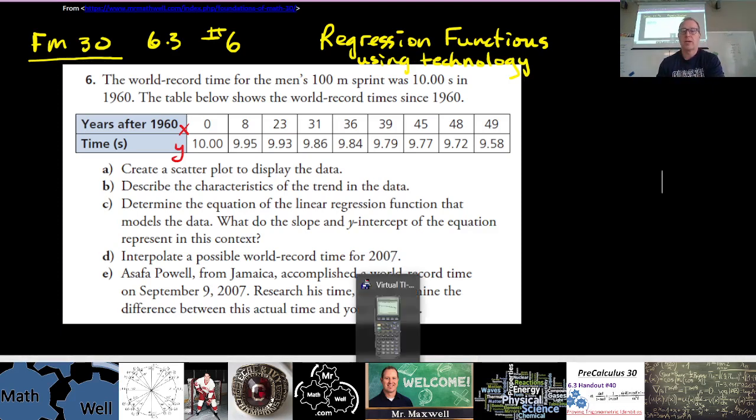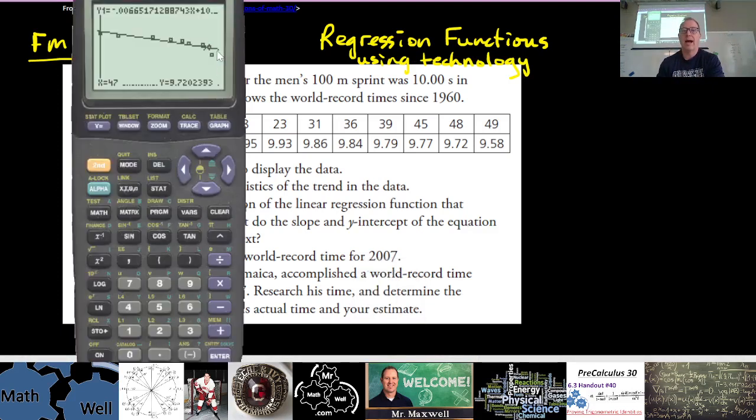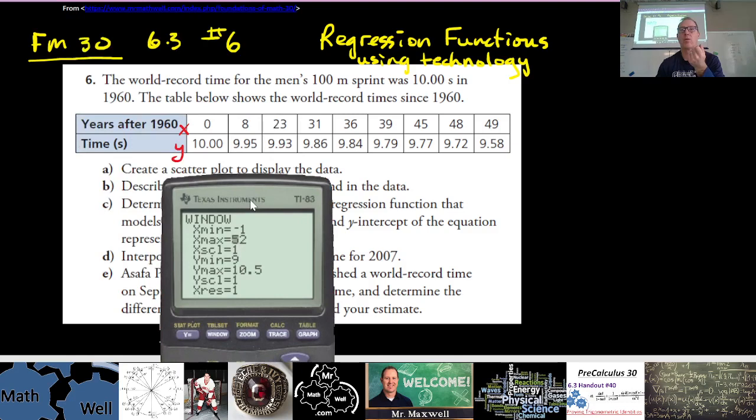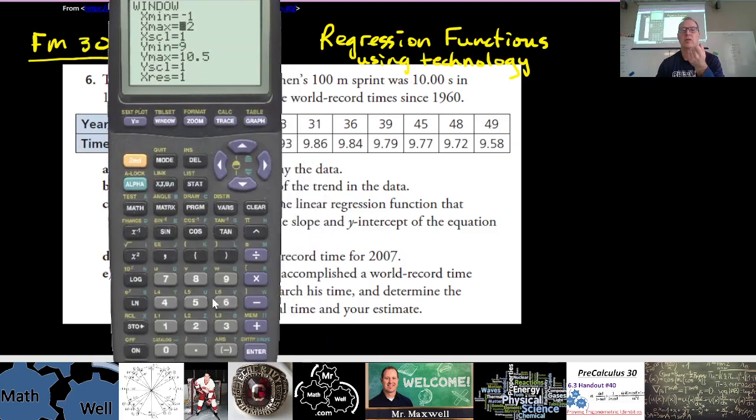Now, the other question we could ask is what would happen in 2022, this year. What we'd have to do is use this line to guess. I'm going to do that real quick. I'll have to extend my window. 2022 is 62 years, so I'm going to go to 65 on my scale.